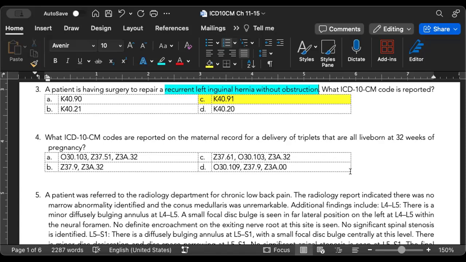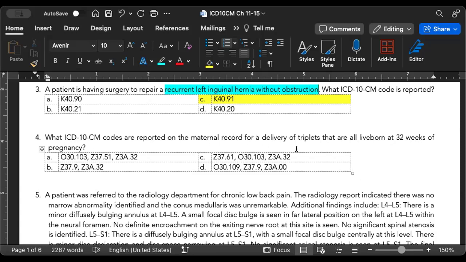So main term, we will go to pregnancy. Underneath pregnancy, because they aren't indicating that there are any complications of pregnancy, right?